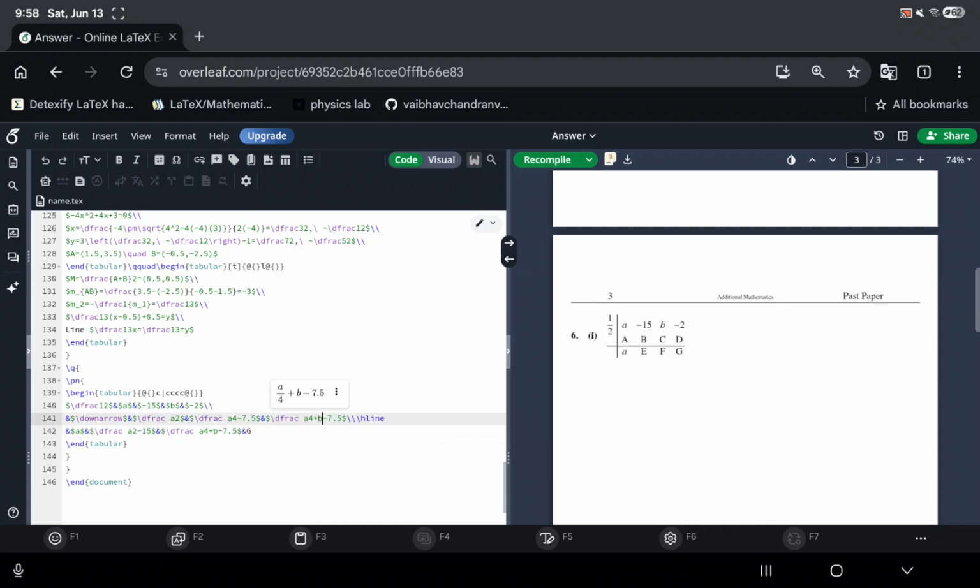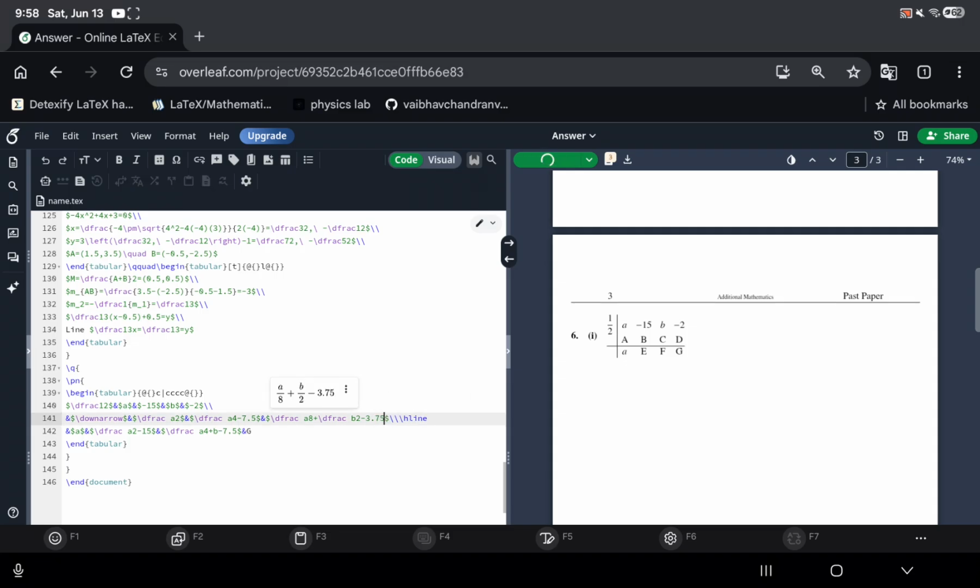And we get A over 8, B over 2, and 7.5 would be, wait, let's do this. 7 is 3.5 and this is 2.5, so this is 3.75.